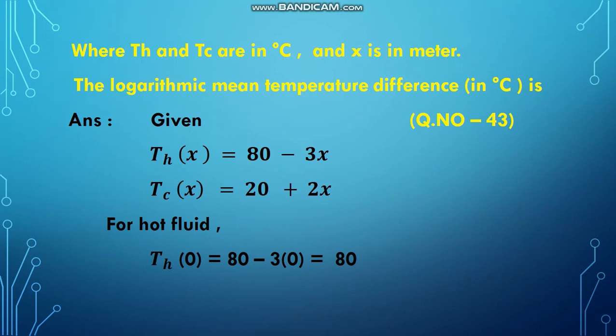Now solving this, already given the equations as TH of x is equal to 80 minus 3x, TC of x is 20 plus 2x. For hot fluid, initially we consider starting from 0. So TH of 0 becomes equal to 80 minus 3 into 0, which is equal to 80.